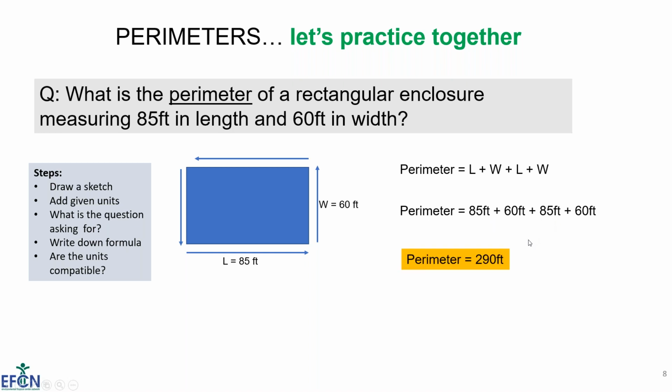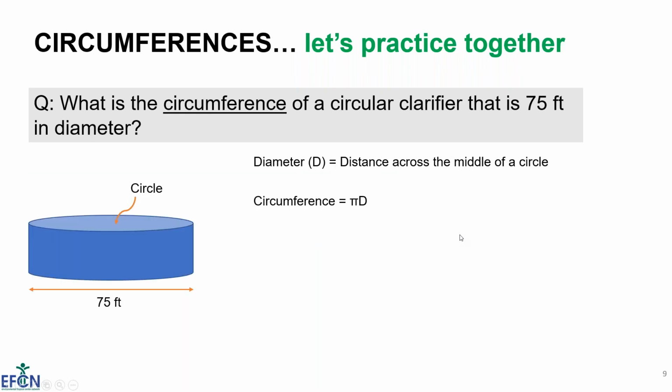And when I add that up, I get my perimeter to be 290 feet. So at this part, I know that all my values are compatible. I'm adding feet to feet. I'm not adding incompatible units, and therefore my question has been solved at that point.